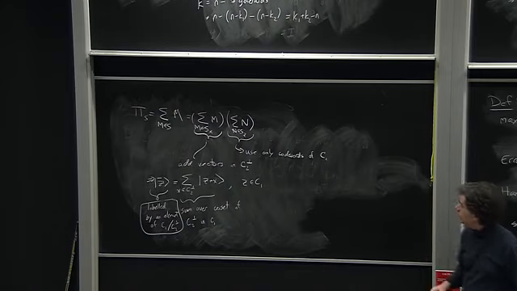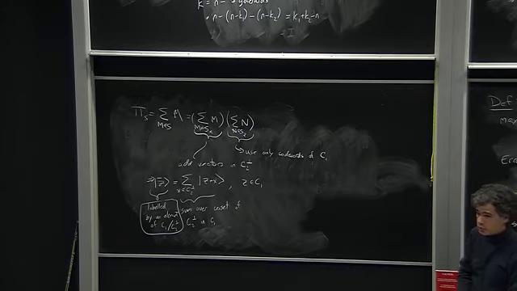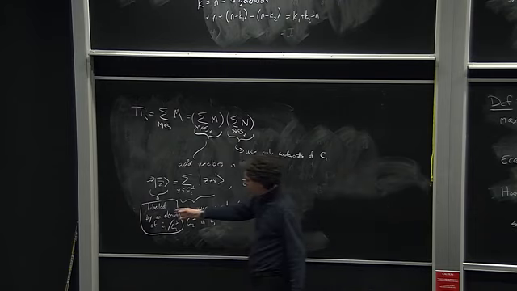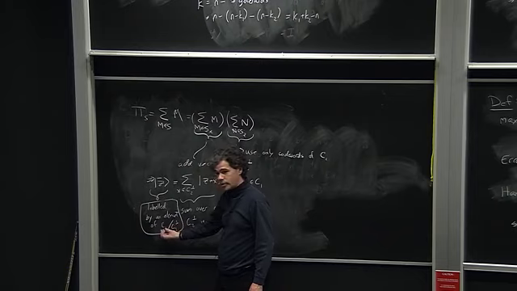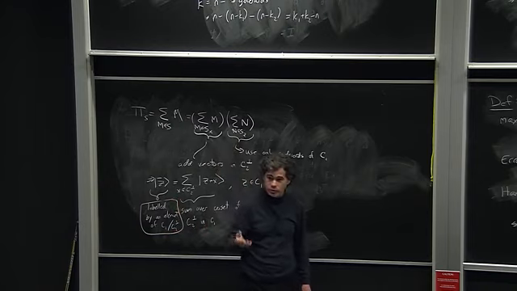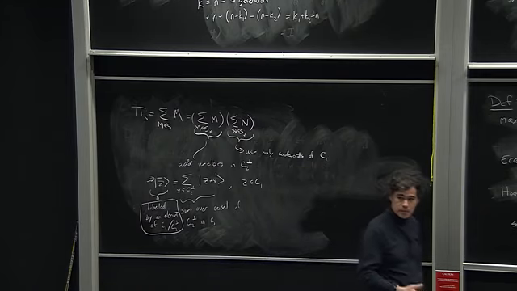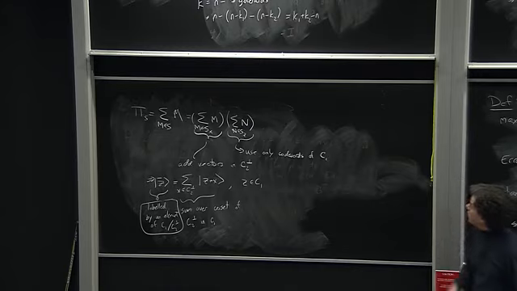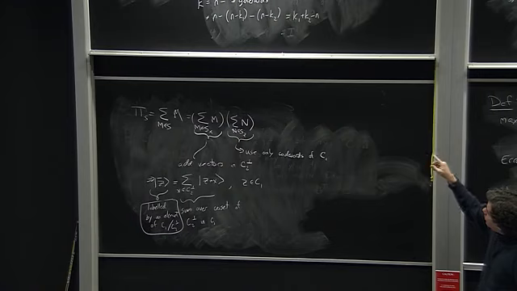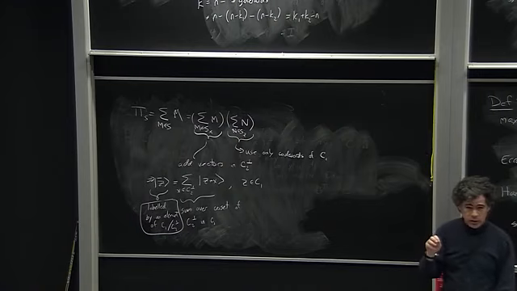But when you have the constraint that C1 perp is a subset of C2, that's exactly what this argument is saying. In order for that to be possible, K1 has to be greater than the size of C2 perp, which is n minus K2. And in that case, K1 plus K2 minus n is going to be positive.